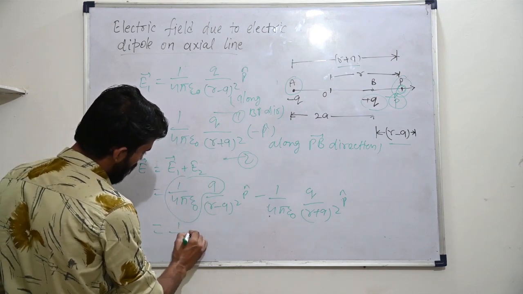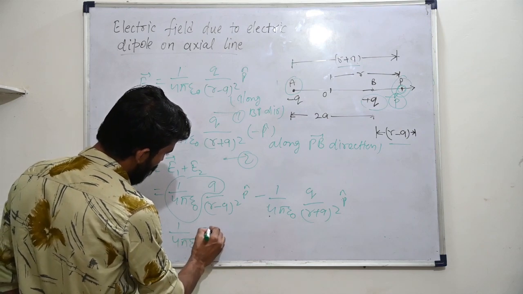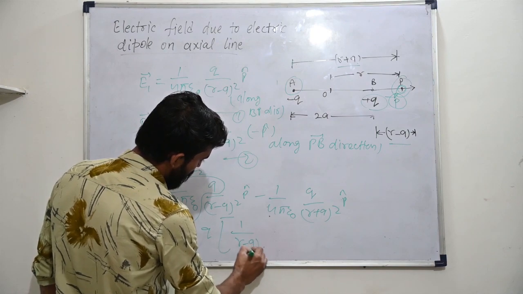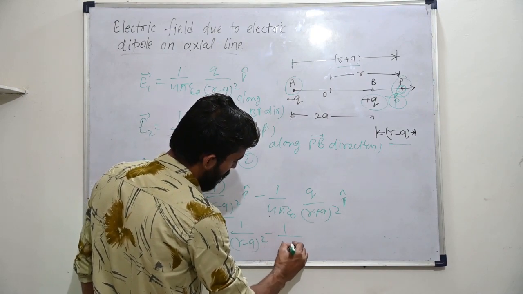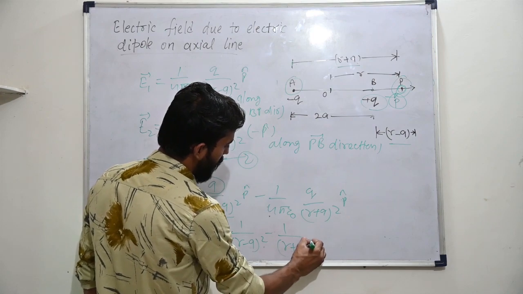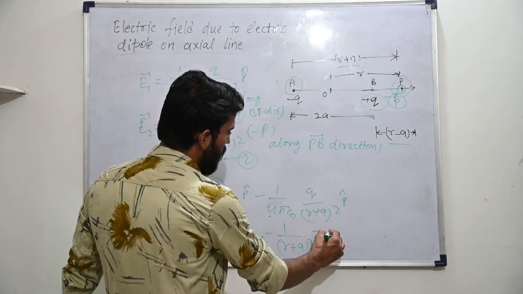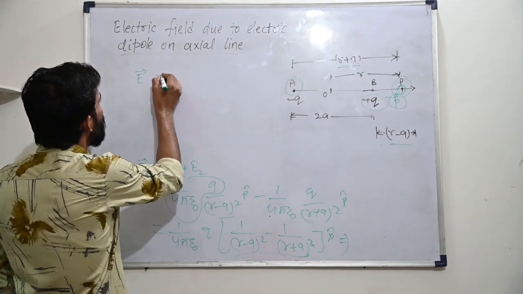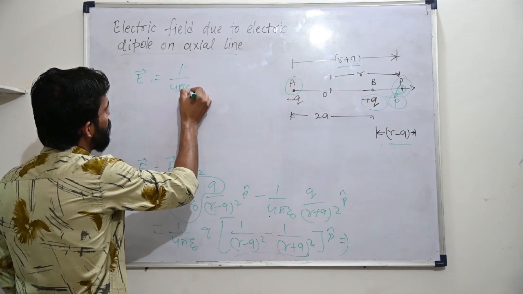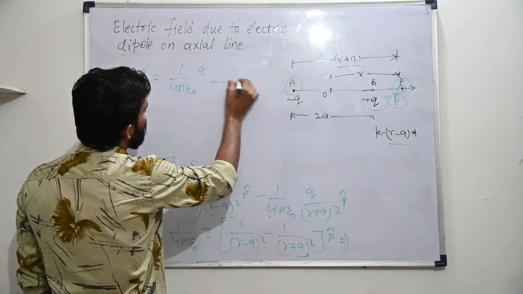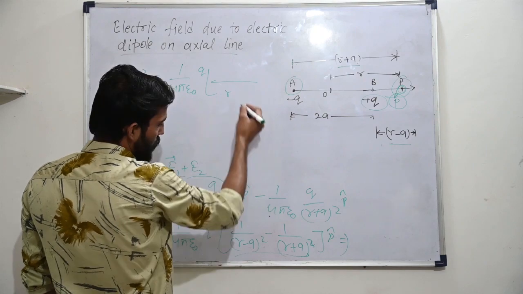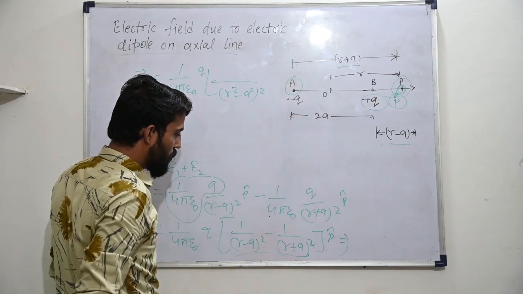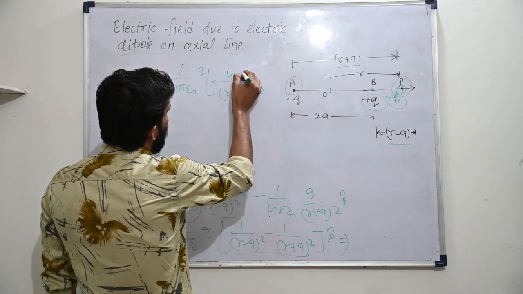Taking out 1 upon 4 pi epsilon naught q, we get 1 upon (r minus a) whole square minus 1 upon (r plus a) whole square, p cap, equals 1 upon 4 pi epsilon naught q times 4ra upon (r square minus a square) whole square.